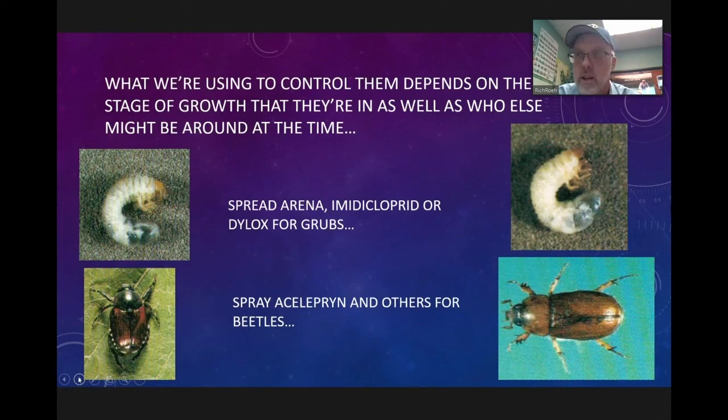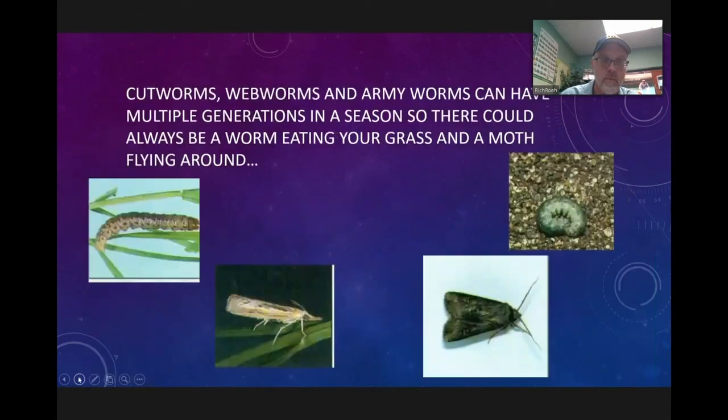It's very safe on pollinators, and that's a good thing because Japanese beetles oftentimes visit the same types of plants that pollinators do at the same time of the year.